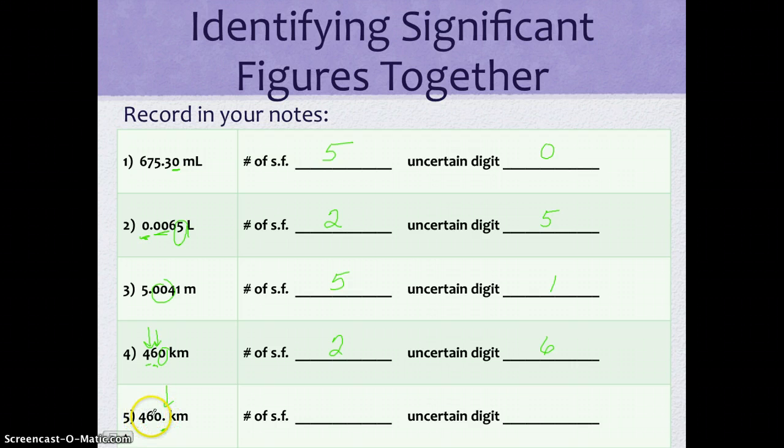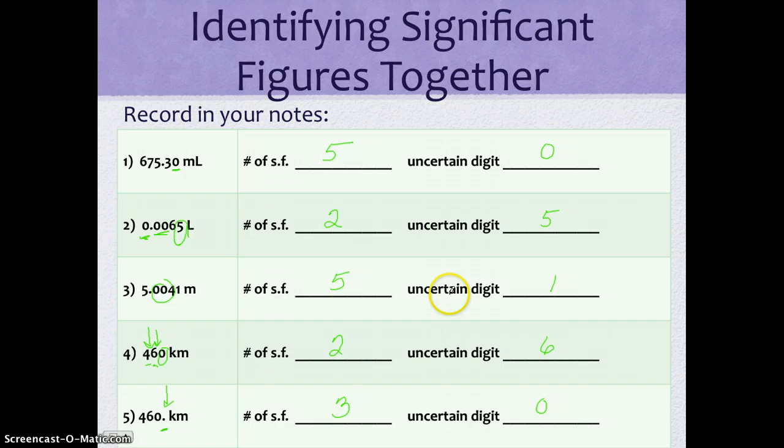So the 4 and the 6 are significant, and since this decimal place is here, this 0 is our estimated number, and it's also significant. So we have 3 significant figures, and the uncertain digit in this case is the 0. So it could have been a 9 or maybe a 1 or a 2, so it'd be 459 or 461. So this tells us the degree of certainty.